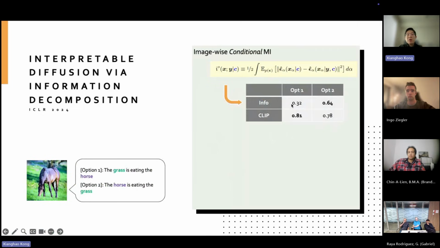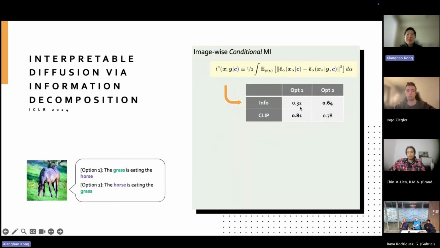For this example, the CLIP score gives a higher score to option 1, but clearly option 1 doesn't make sense, right? It cannot be the grass is eating a horse. But for our information metric, it gives a much higher score, exactly double, on option 2.